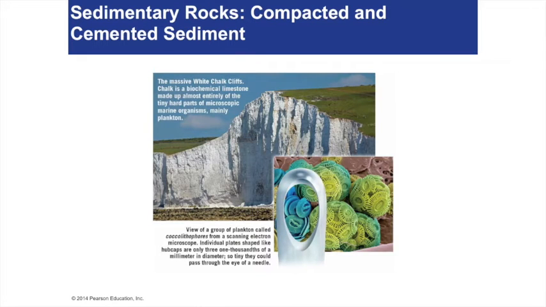Here are some other examples besides limestone. This is chalk. This is, I believe, the White Cliffs of Dover in England, and these are microplankton, which are very small. And as it became the limestone, this wasn't necessarily seashells, but more plankton. You end up with huge pieces of calcium that used to be underwater.